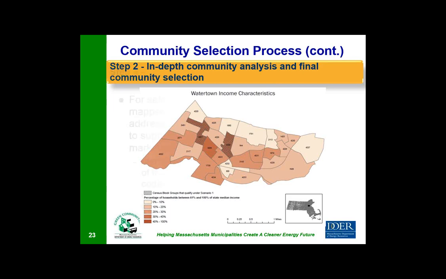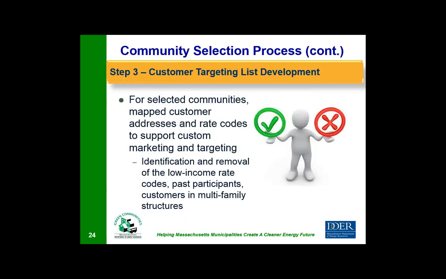Okay, step 3. Once we had identified the pre-qualified communities and then worked with PAs to determine which particular communities they wanted to target as part of the initiative, we provided them with actual maps and customer lists that they could use for targeting and marketing.